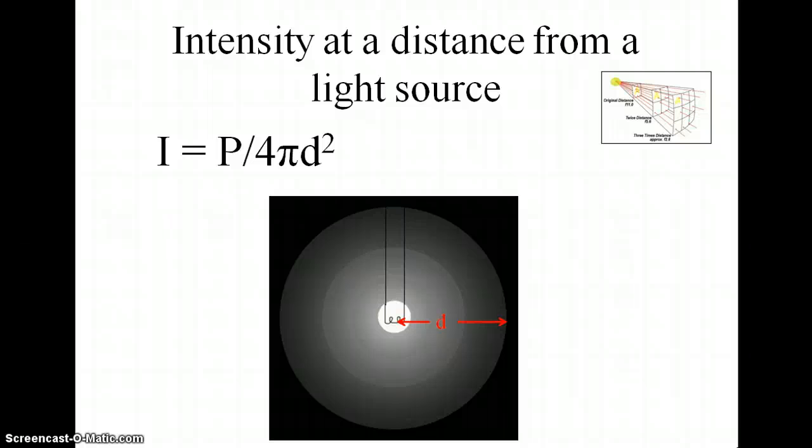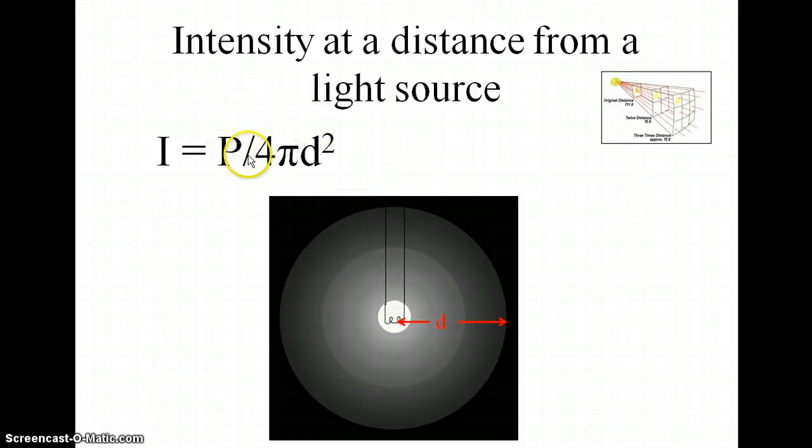And of course what happens, I'm going to skip the slide over there, is the energy will be spread over a sphere. And we know the area of the sphere is 4 pi d squared, where d is the radius of the sphere. I suppose I should have used r really. I think in the data booklet it's actually a d.